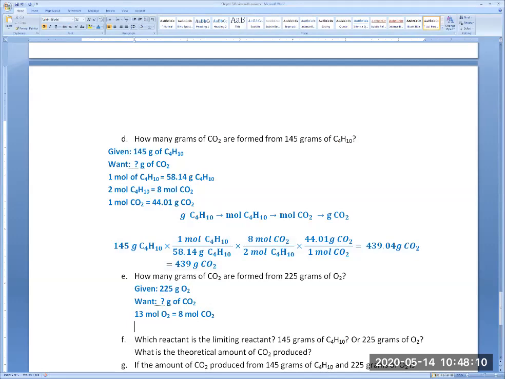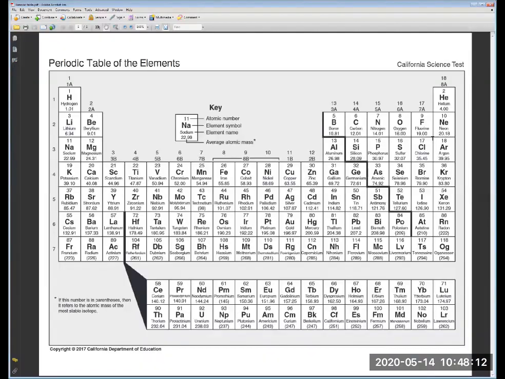Periodic table here. Oxygen. So be careful when you do the molar mass of oxygen. It's the molecule of oxygen, O2. It's made of 2 oxygen atoms. So it's not just 16 grams, it's 16 grams times 2, because there is the subscript 2 that tells you 2 oxygen per oxygen molecule.